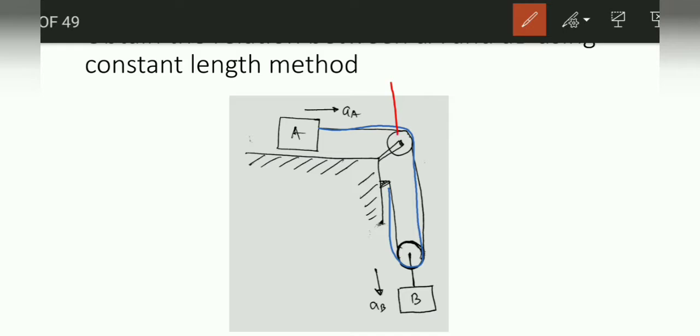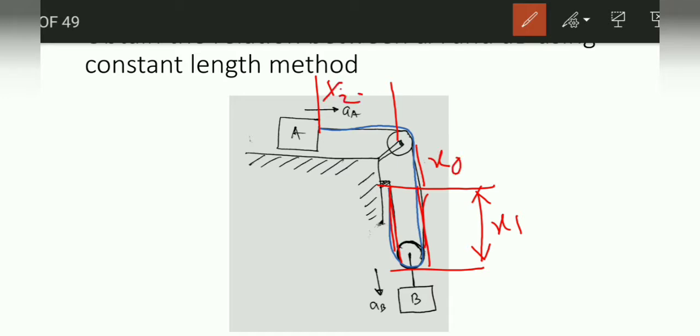This part is x1, this is also x1, this is also x1, so these parts will make 2x1. This part let's take as x0, and this part as x2.